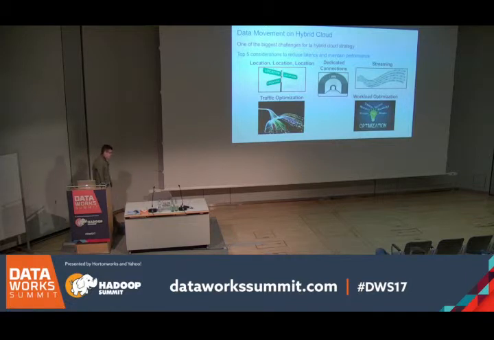So let's talk about data movement. It's very hard to move data between environments. So when you're considering data movement, these 5 things are going to help you a lot. First one is location, location, location.